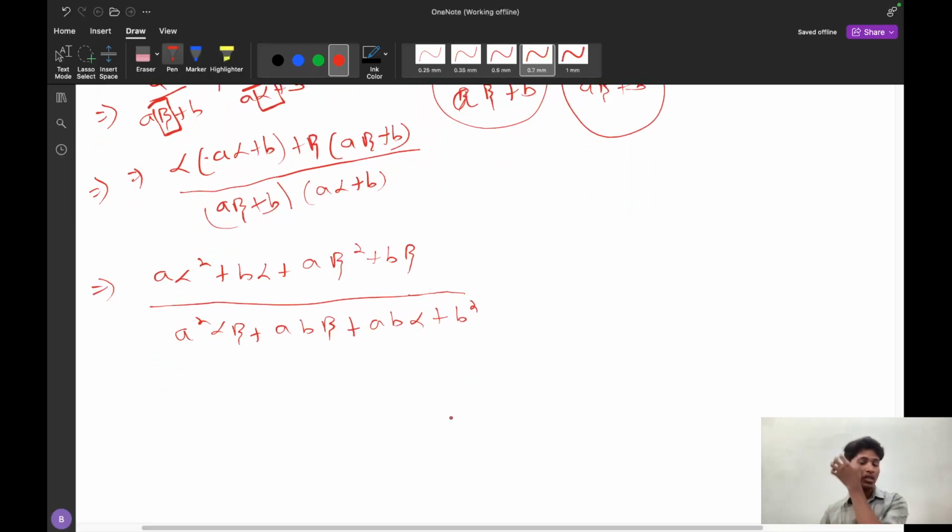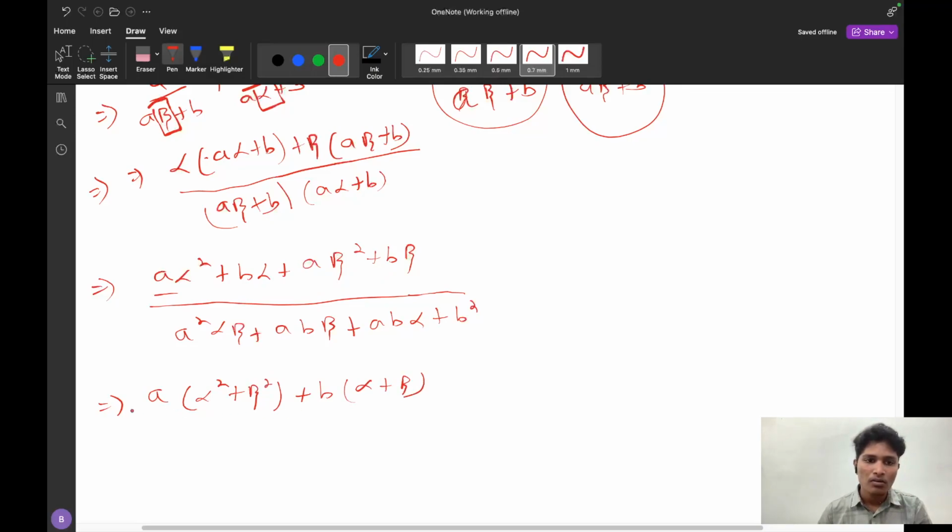So now here there is a, here there is a. I can take common a and alpha square plus beta square. And here there is b, here there is b, I can write b into alpha plus beta here.